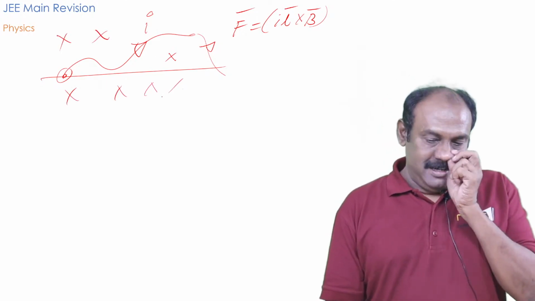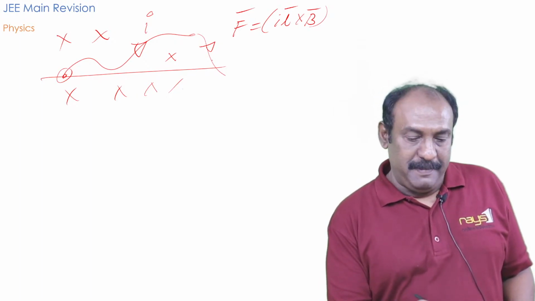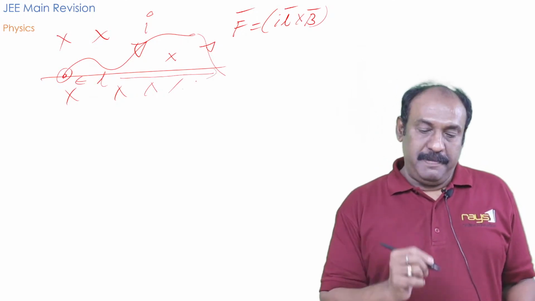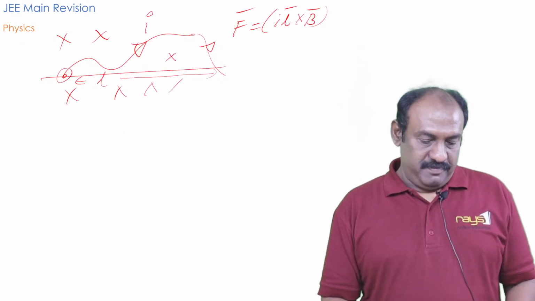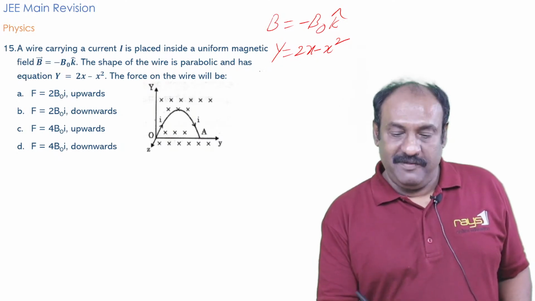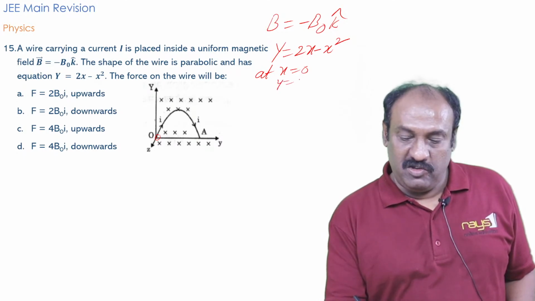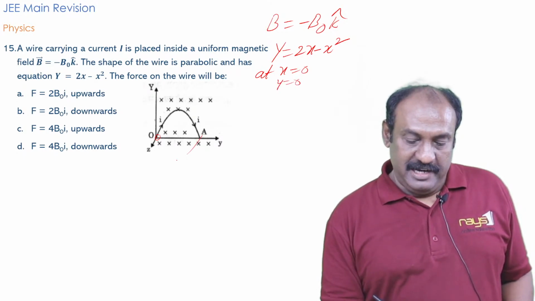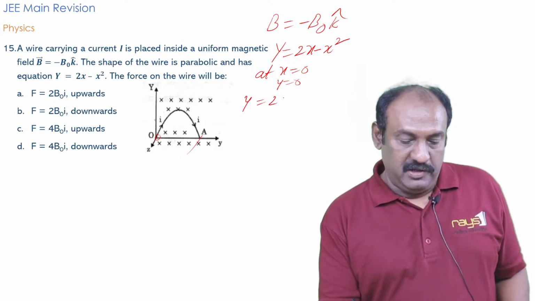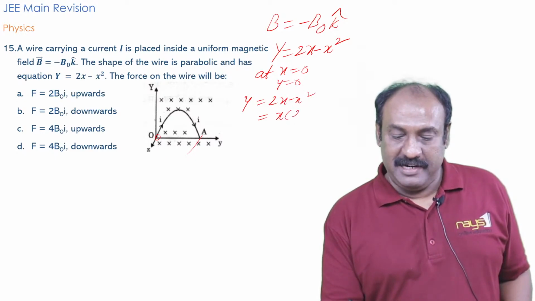What is L bar here? L bar is the shortest length of this wire in the magnetic field. This is L. Now see here, what is the length of this wire? The equation is given, at x equal to 0, the initial point, y is also 0. Y is equal to 2x minus x square, taking x as common factor, y is x into 2 minus x.